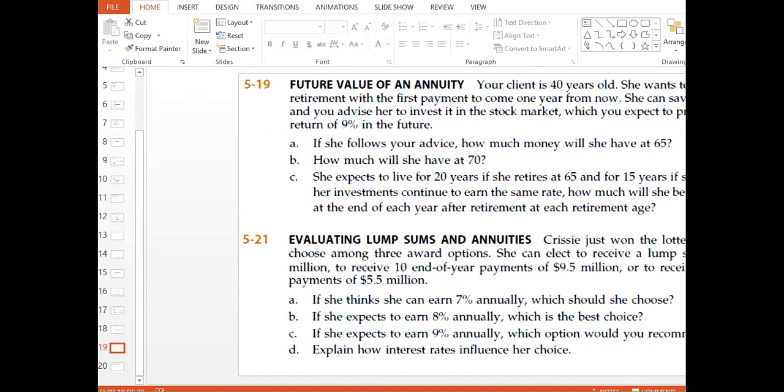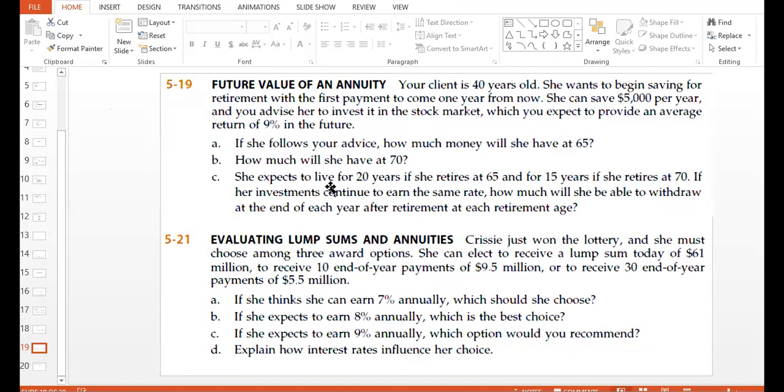In the next part, part C, she expects to live 20 years if she retires at 65, and 15 years if she retires at 70. Means if she retires at the age of 65, there are chances that she will live for 20 more years. Or if she retires at 70, then there's a chance that she will live 15 more years.